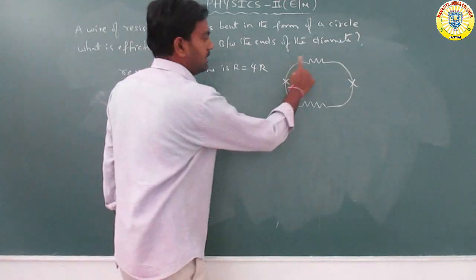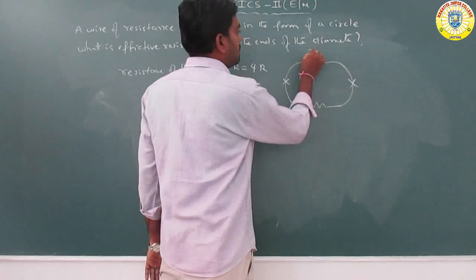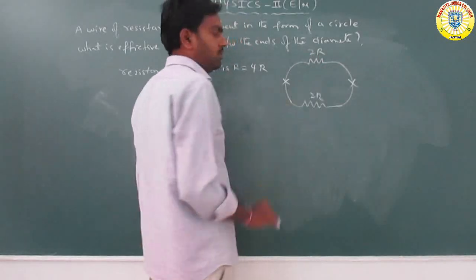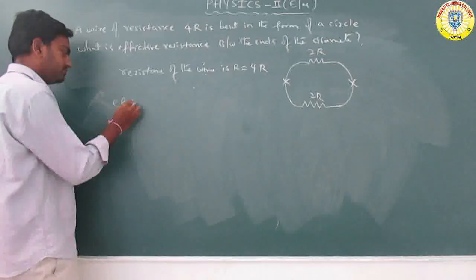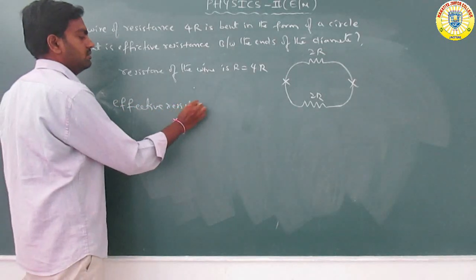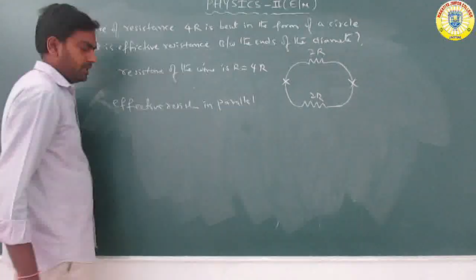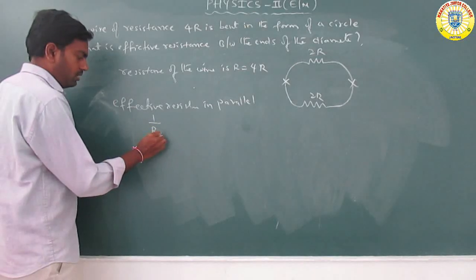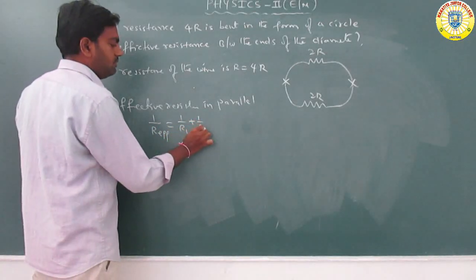Bent into a circle, it forms a parallel combination of two halves of 2R each. The effective resistance in a parallel combination is: 1 by R effective is equal to 1 by R1 plus 1 by R2.